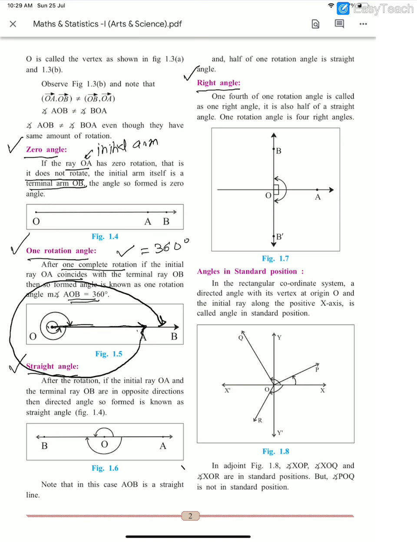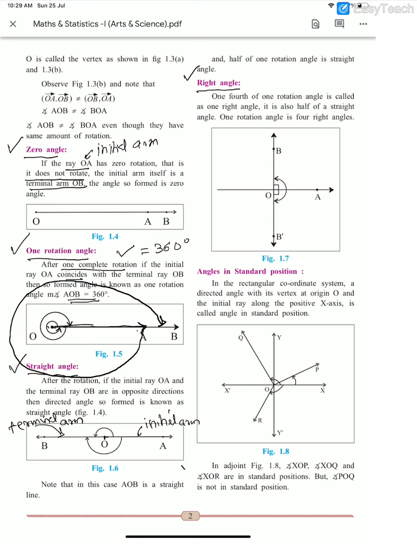If on the other hand this was your initial arm OA, and the terminal arm after rotation is directed in the opposite direction, like this. So when will this happen?